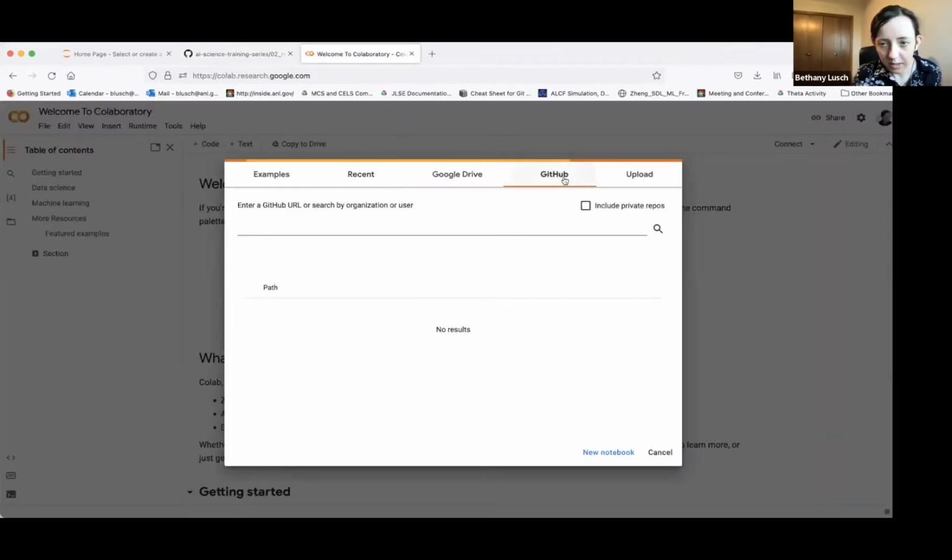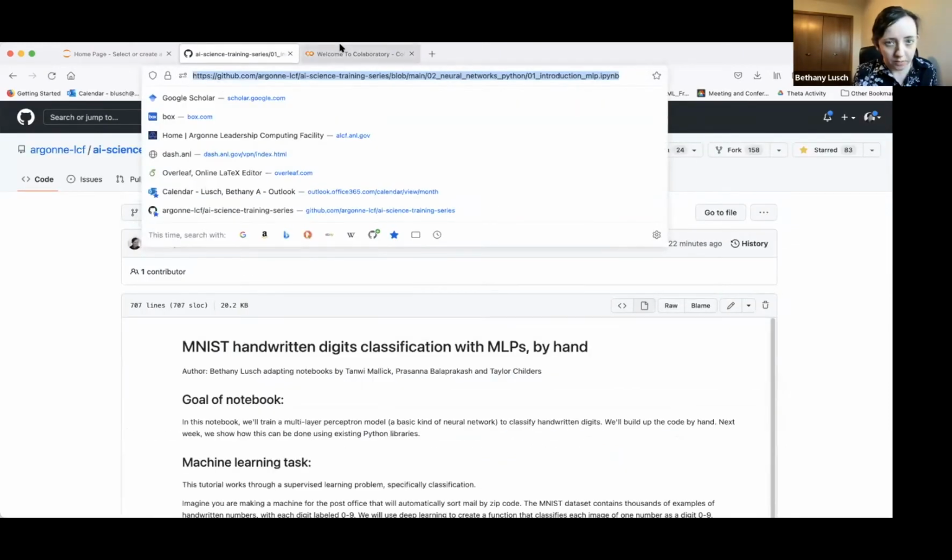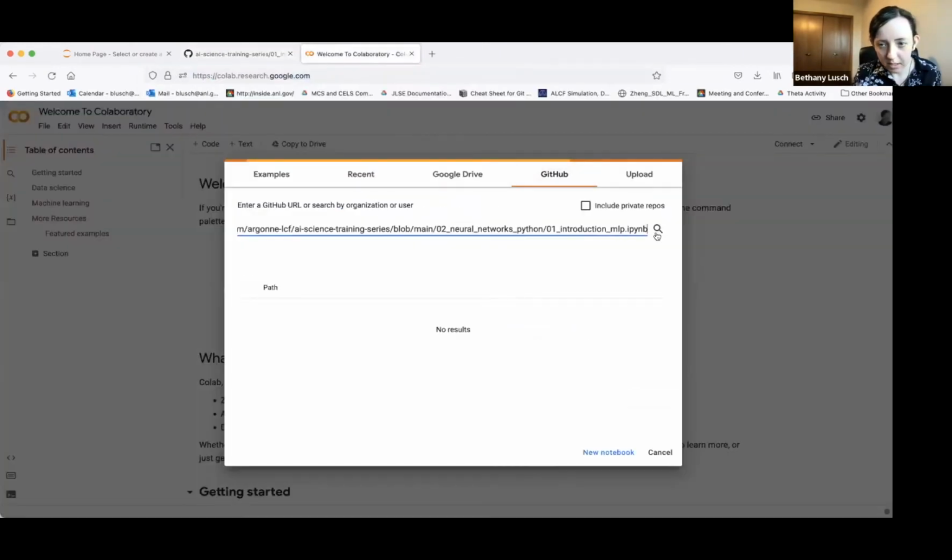So we can go to Google Colab, and we can do this GitHub tab, and I can click on the first notebook and paste it into search.